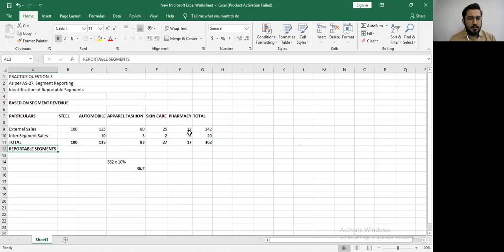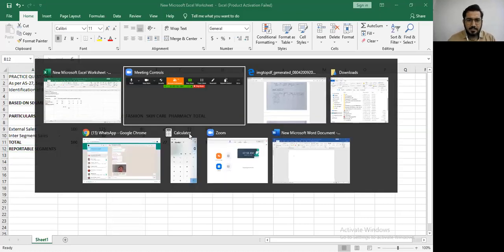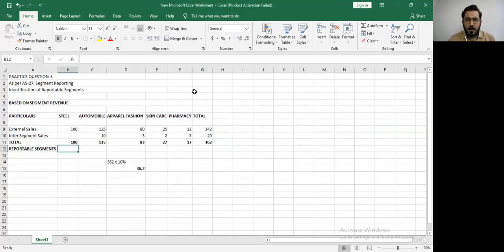Now you will give the answer to all these. Tell me, is separate disclosure required for steel?